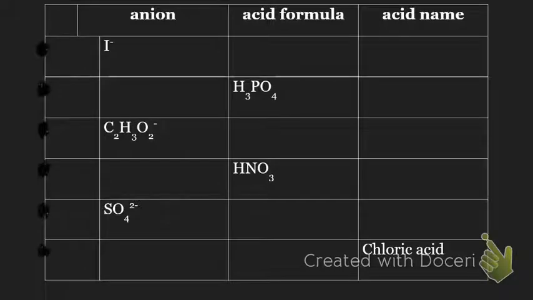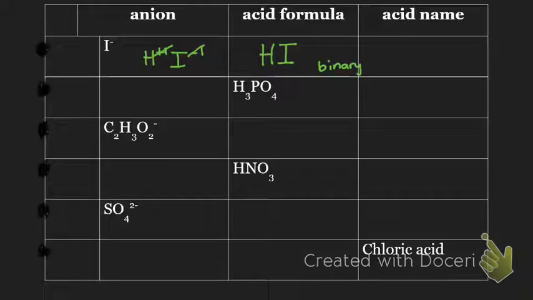Okay, so let's do the examples. So the anion here is iodine. So when it reacts with hydrogen, we have hydrogen is a +1, iodine is -1. So these are going to cancel, and our acid formula is HI. So this is a binary acid because it has two elements.